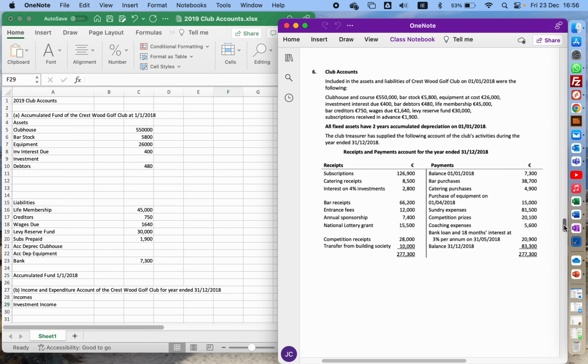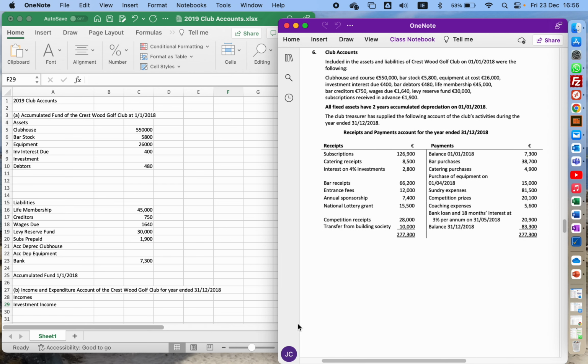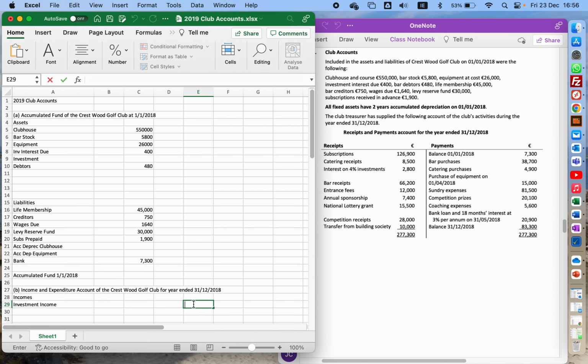So it's 4% is the interest. So we received 2,800. There was an amount due at the beginning, I think it is. Investment interest due is 400. So that's not included in that 2.8, it's 400 from last year. So that's taken out.